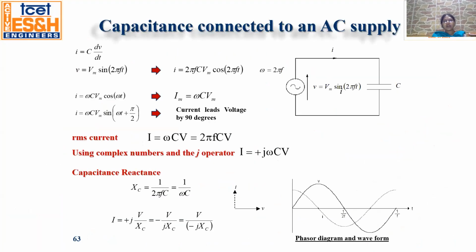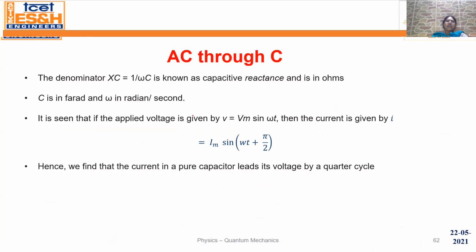So what we learn from this? We learn that Xc is equal to 1 upon omega C, known as capacitive reactance, and its unit is ohm. C is in farad. The unit of capacitance is farad, whereas omega is in radian per second. If you see that voltage is V equal to Vm sin omega t, then current is Im sin(omega t plus pi by 2).